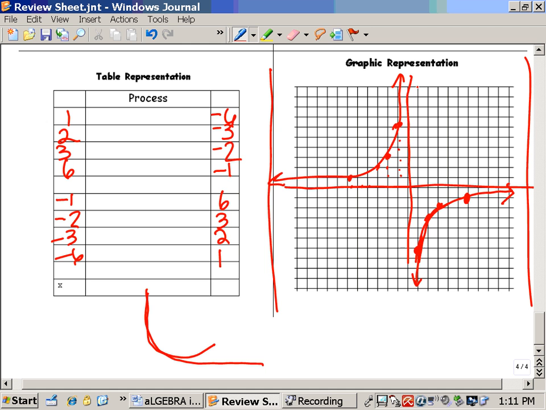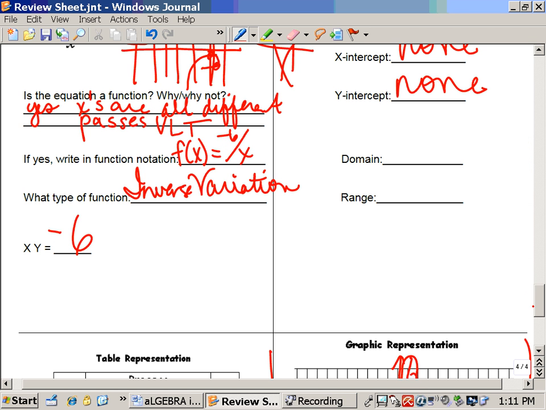The only place I don't hit is this spot right here, which is the y-axis, or x equals 0. So the only thing that cannot happen is x cannot be 0. So all real numbers, x does not equal 0. And why is that? It never touches, and it cannot equal 0.